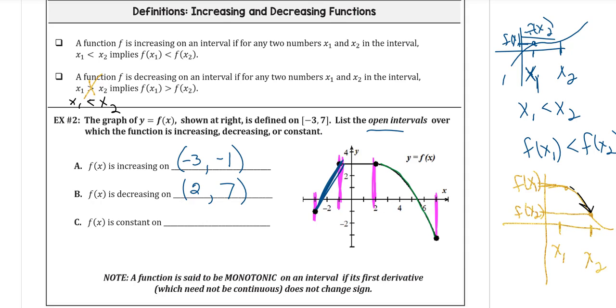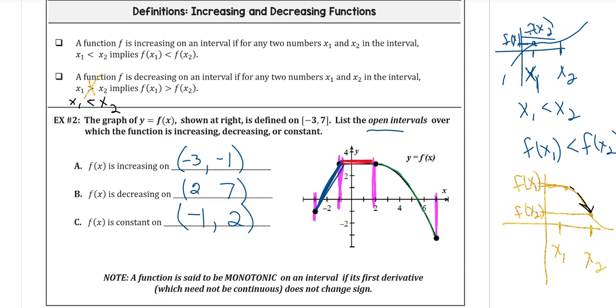It is constant from -1 to 2, because we have no change in y value. So it is constant from -1 to 2.